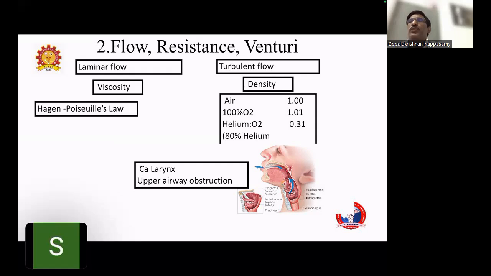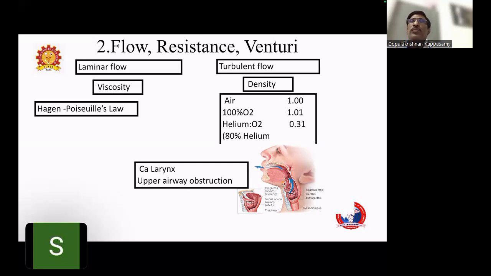In upper airway obstruction, even 100% oxygen cannot flow well, while a low density gas like heliox, helium has a density of 0.31, can easily flow through the orifice. That is, in the case of turbulent flow, a low density gas will be better.